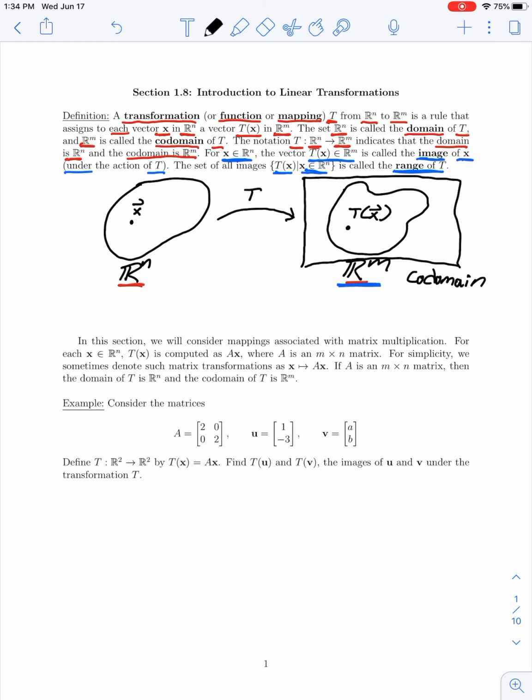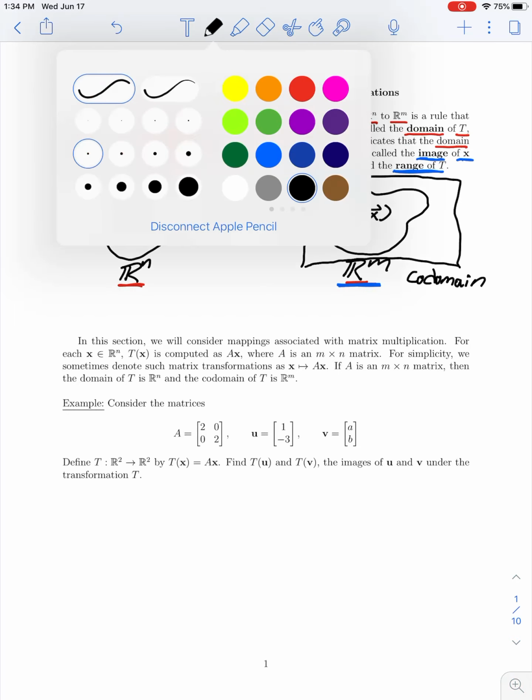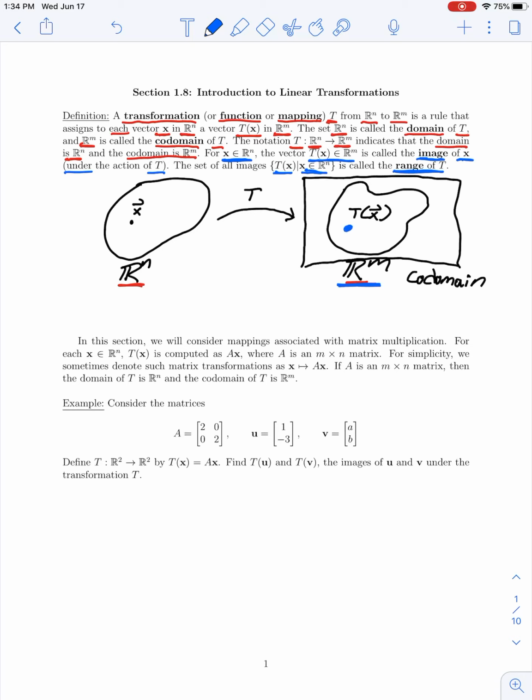And this set inside of the rectangle, which consists of all of the images T of x, such that x was some vector in Rn, is called the range. So the range is a subset of the codomain. The range and codomain are two different sets here.